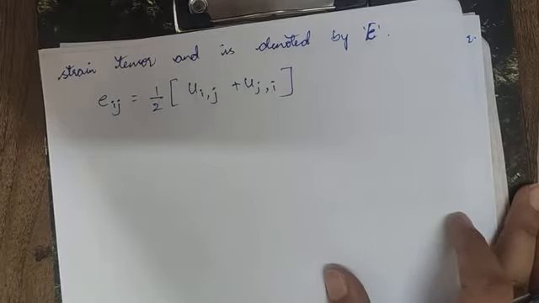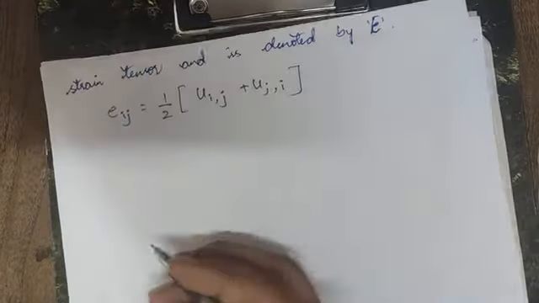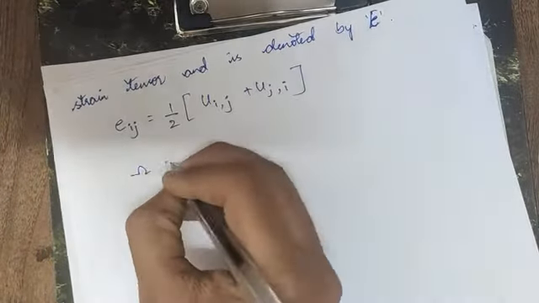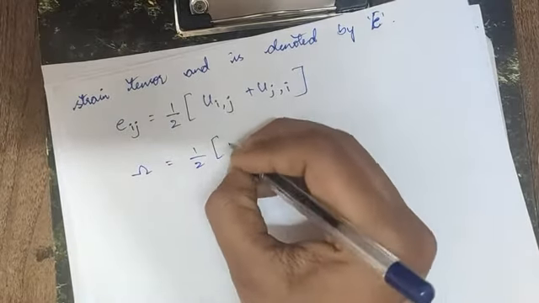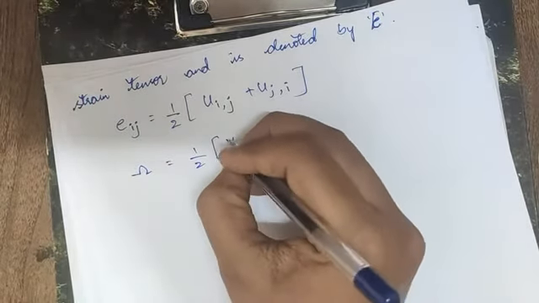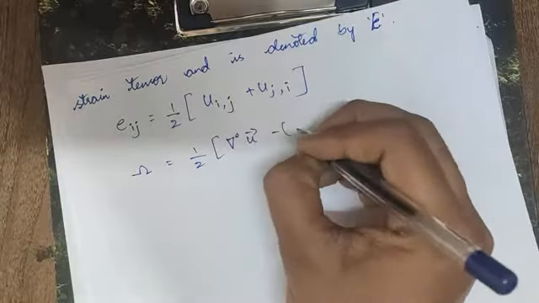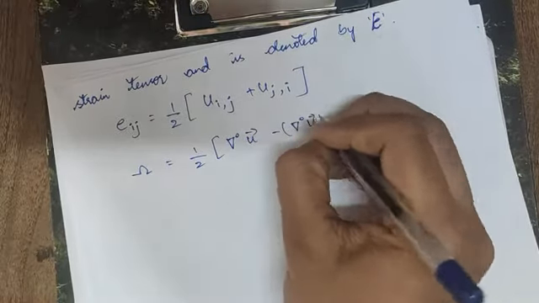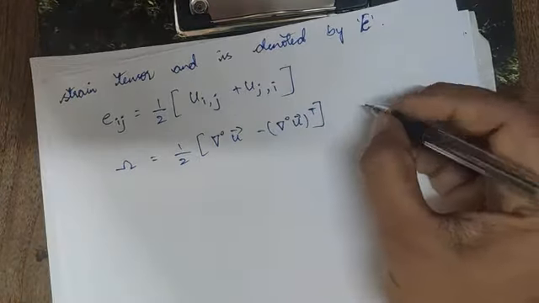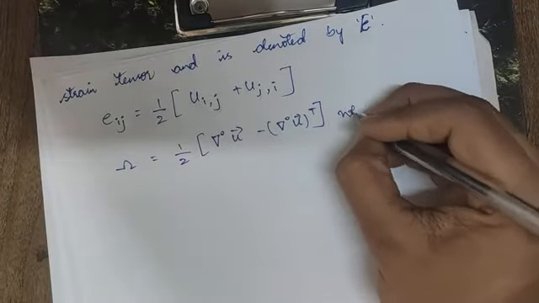Again, if you apply this infinitesimal deformation to your rotation tensor, you will get omega is equal to half into del naught u minus del naught u whole transpose, which is a rotation tensor, okay.